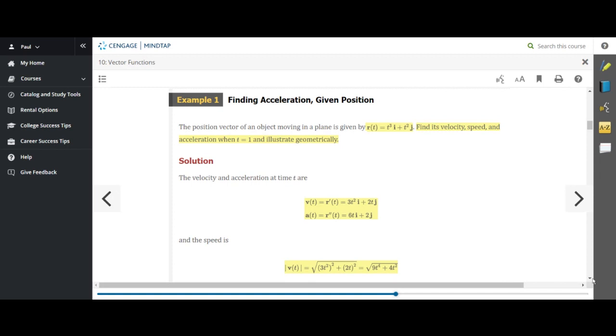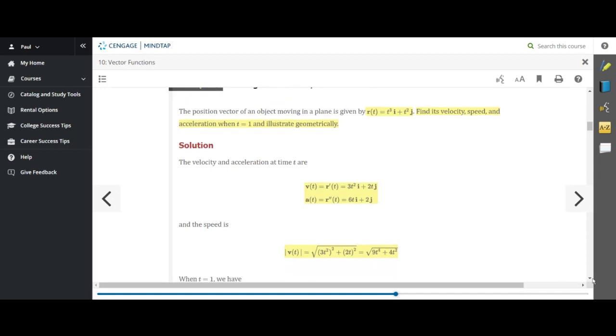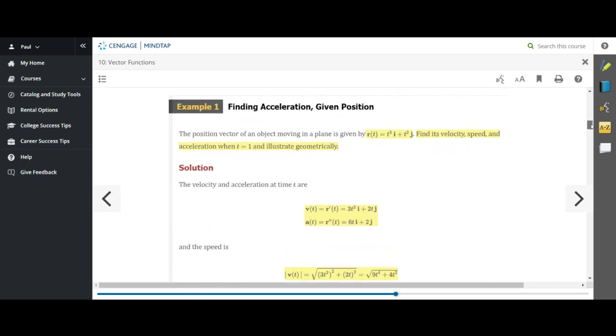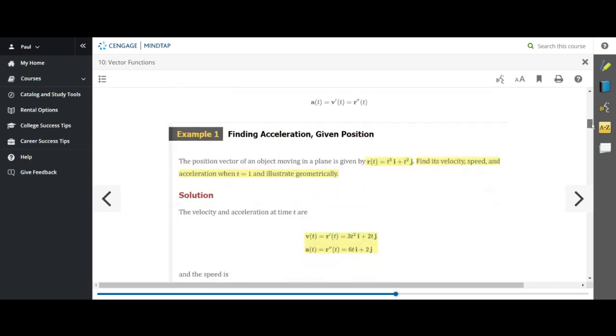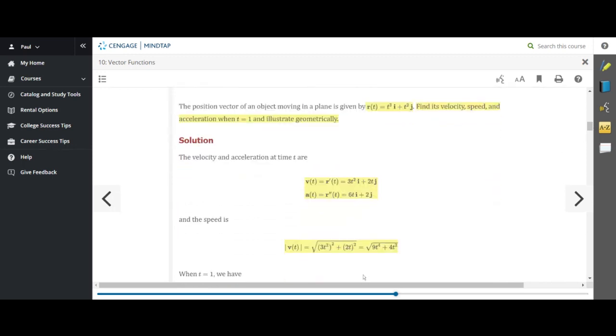Okay, so we get the velocity vector and the acceleration vector. Speed is the length of your velocity vector. That's called the speed.